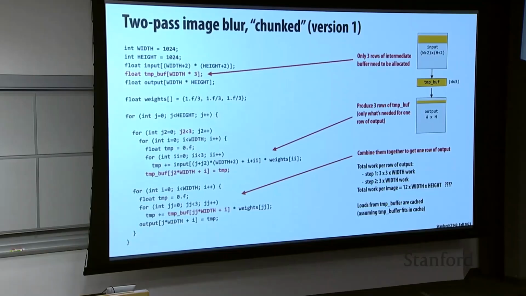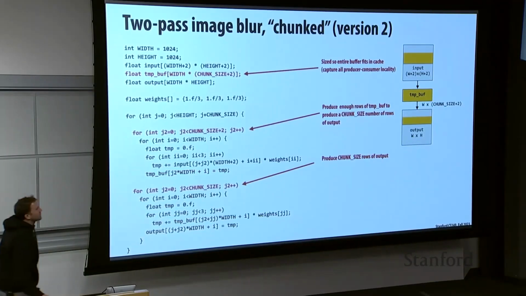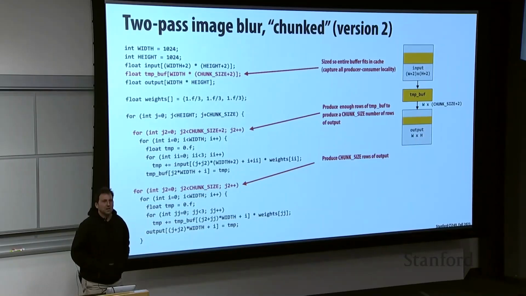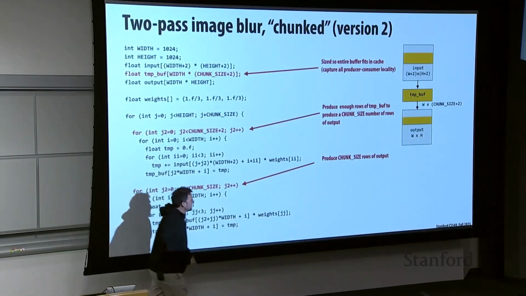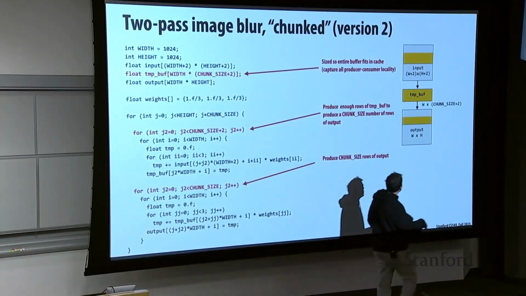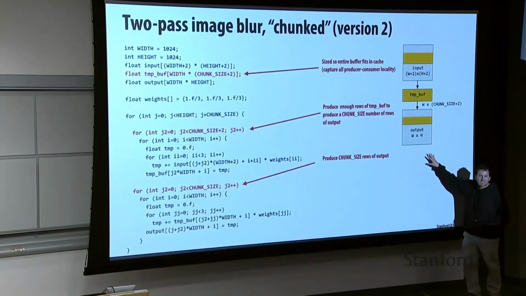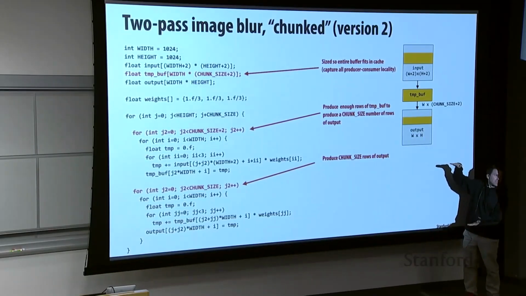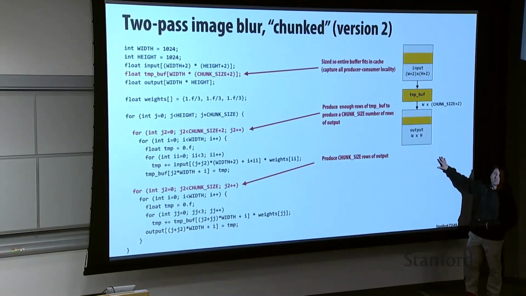So here's all I did: now look at the temp buffer. The temp buffer is chunk size plus 2 times width. So mentally in my head, I'm saying for every chunk size rows of output, first produce chunk size plus 2 rows of temp, and then produce your output. And what's the overhead now?